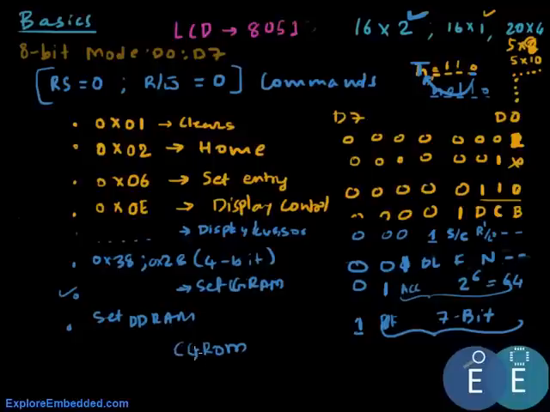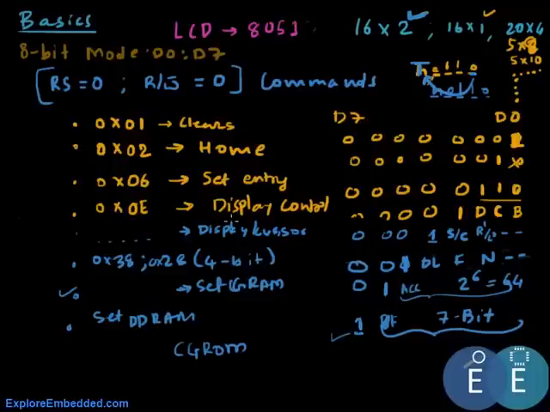The CG-ROM is used to store all the standard characters, like all your ASCII values. What this does is, it sets the address for the DDRAM. So when you need to write or read from DDRAM, you use this command.